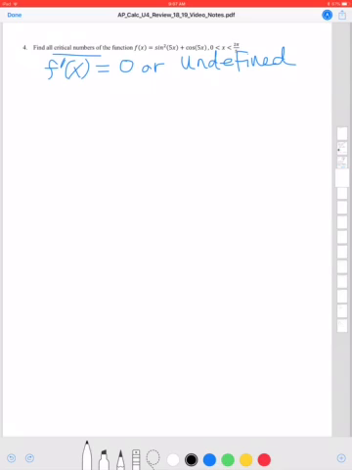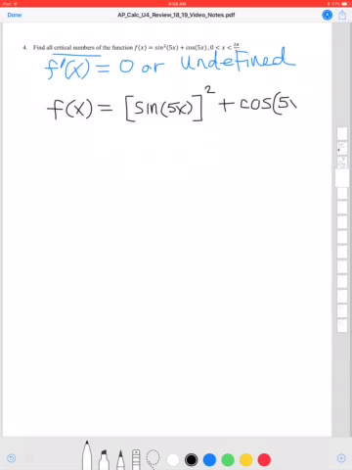Alright, we have sine squared of 5x, so let me rewrite it, we've got two inside functions here. So what that really is is the sine of 5x, squared, plus cosine 5x.